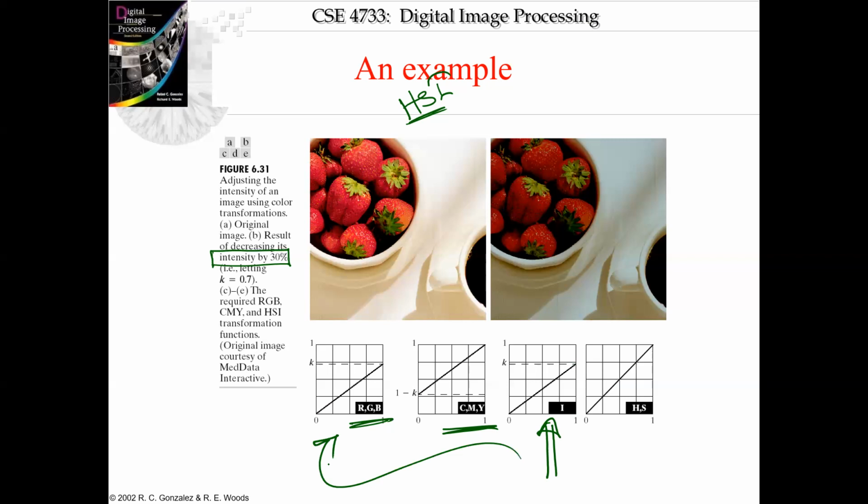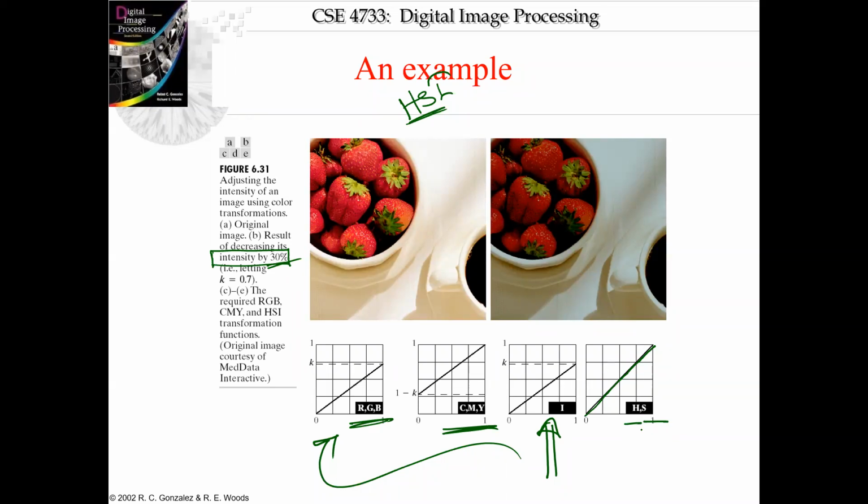Yes, sir. Now, we know that in case of HSI, we have two more channels, H and S. If I modify the hue, what will happen? The color will all change, yes or no? Yes, sir. So do you want to change the color? No, sir. We only wanted to reduce the brightness by 30%, but we don't want to make any changes to the hue. That's why the hue is going to be as it is. If you make any modifications here, the color will change.